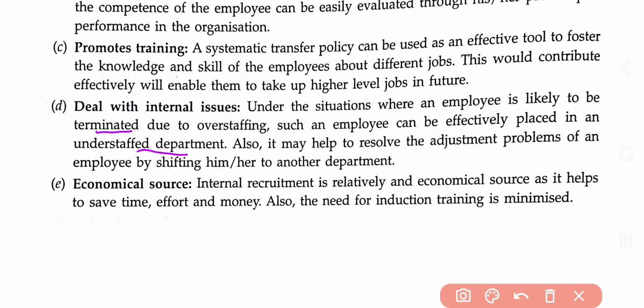So suppose there is a department where too many people are crowded in. Now what did you do? You don't have to remove the people, you shifted that person to a different department where there is understaffing. So it is good only, right? From an overstaffed department you are sending the person to an understaffed department. You don't have to fire anyone, right? So this is again another benefit. You don't have to fire your employees.